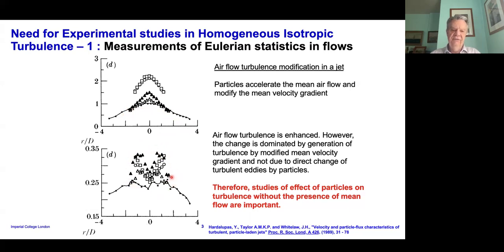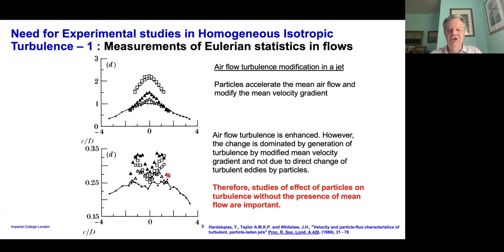Then you look at the turbulence. The black points are the turbulence levels of the gas flow, while the particles, the open points, also have higher turbulence than the single phase flow, which is the line. This makes you wonder whether the velocity gradients generated by the effect of the particles on the gas flow are responsible for the increase of the turbulence of the gas flow.